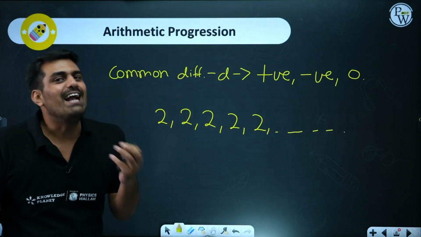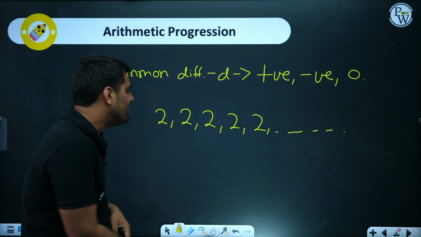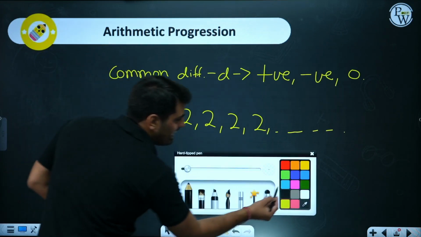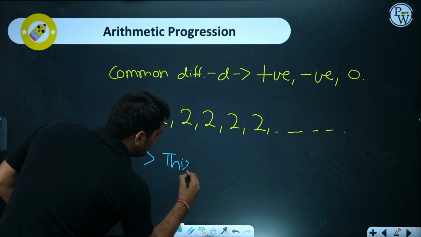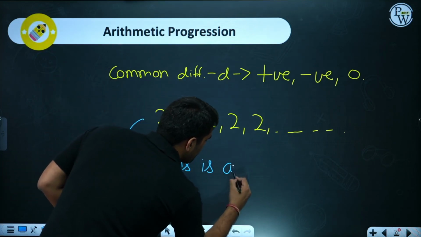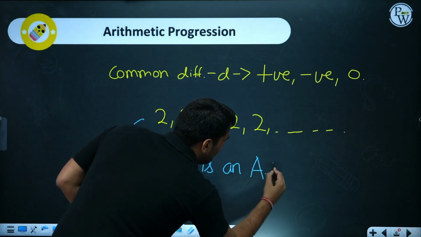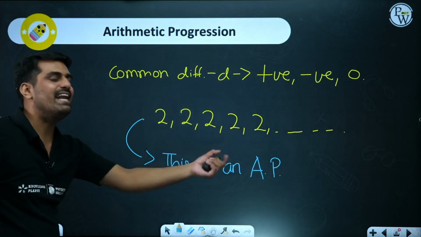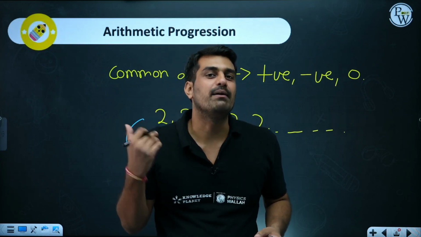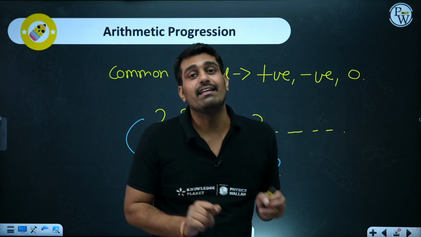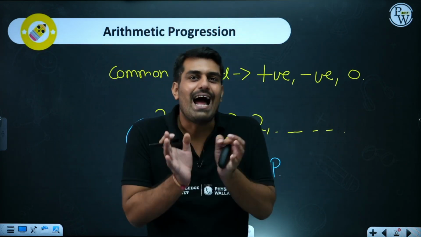So if 0 can be the common difference, I can say, yes, this is an AP. Now, if 2 would have been subtracted, then also it would have been an AP. So all three possibilities are there: addition, subtraction, and 0 itself.